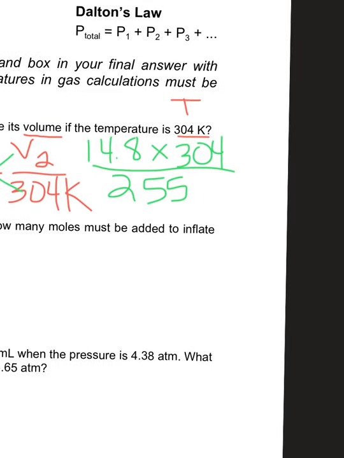So let's work that out in the calculator. I'll give you a few minutes to do it while I do it also. 14.8 times 304 divided by 255. And we come up with 17.6. So I'm going to go ahead and erase this so I can have room to write my answer.